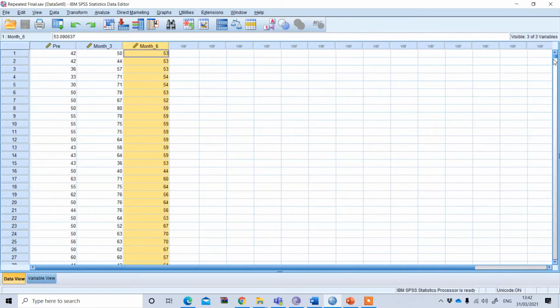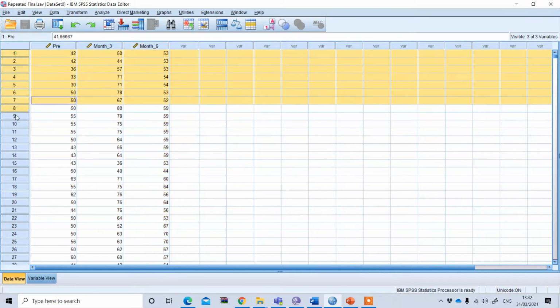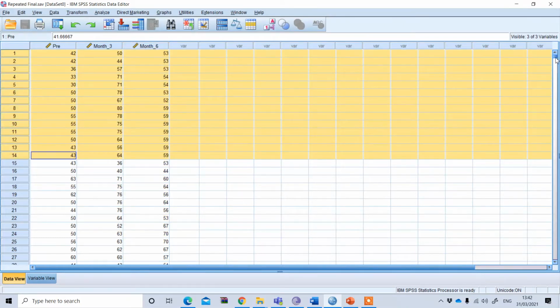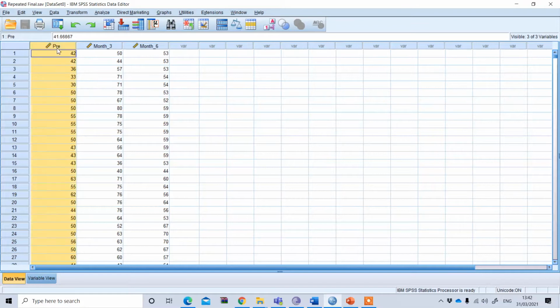And this is our participants, and our participants remain the same throughout this experiment. That means our sample or respondents remain the same. Okay, and this is their pre condition.